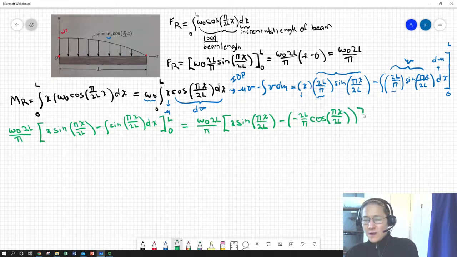It's kind of fraught with opportunities for sign errors. That's one of the difficulties with trig functions, is you're throwing out a lot of signs as you integrate and take derivatives. So let's just do a double check. We had a negative sign here and it had a negative sign here. Let's take the derivative of this just to make sure. We know that the derivative of cosine is negative sine.